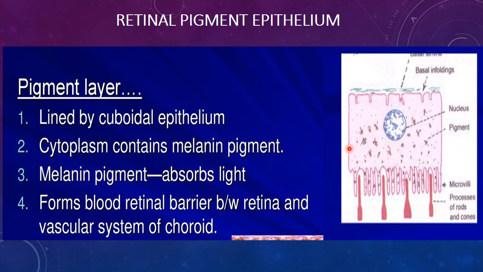These tight junctions of the zonula occludens type are very helpful for the formation of the blood retinal barrier. The blood passes through the choroid, and the retinal layers get their nutrition through diffusion from the blood vessels present in the choroid.